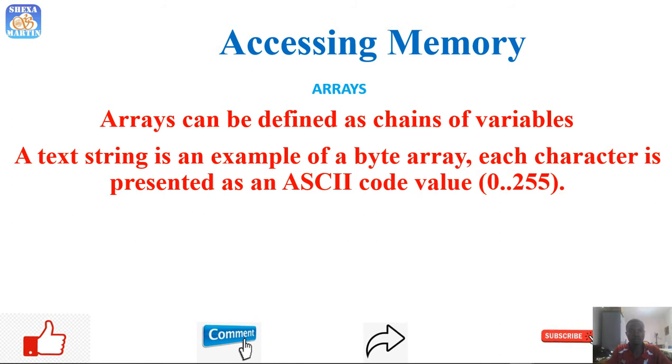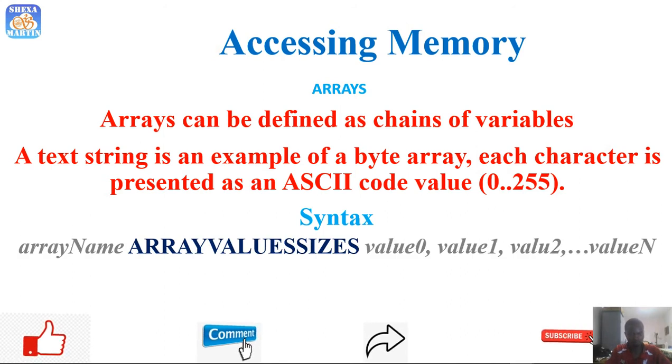Let's now look at the syntax that is used to declare an array. So here's the syntax. You first give a name to your array. So you say array name, then put a space, then you say array value sizes. Since we said it's a series of variables, each variable is of a certain size that we are going to define here.